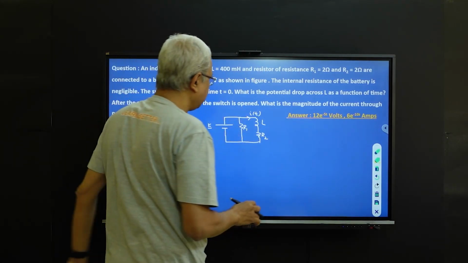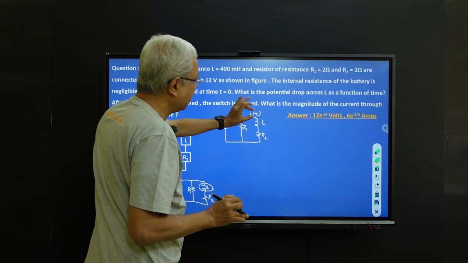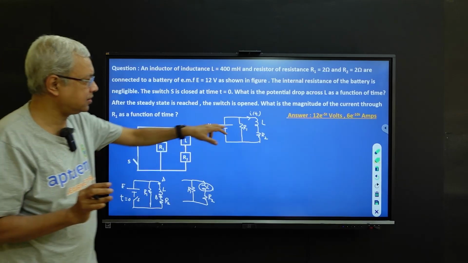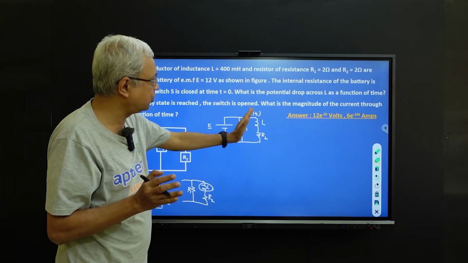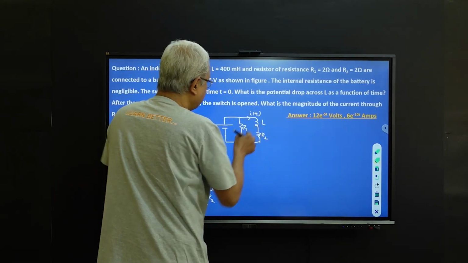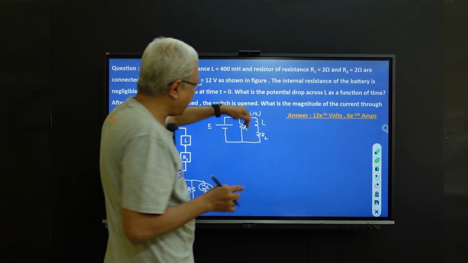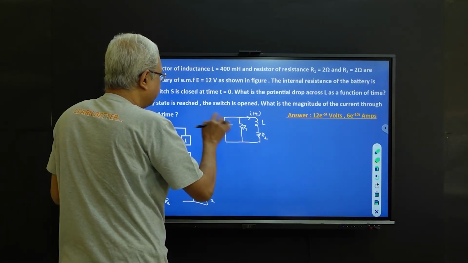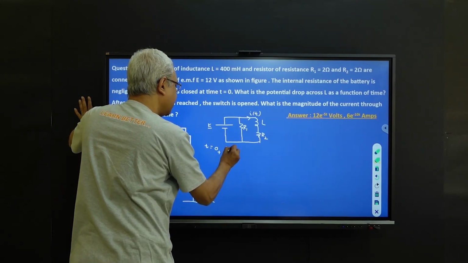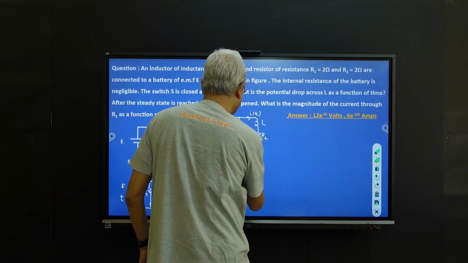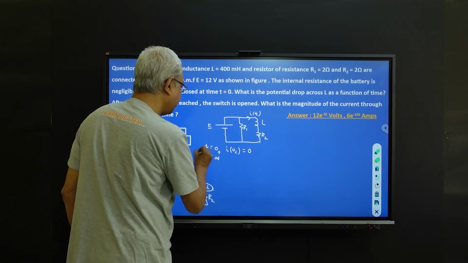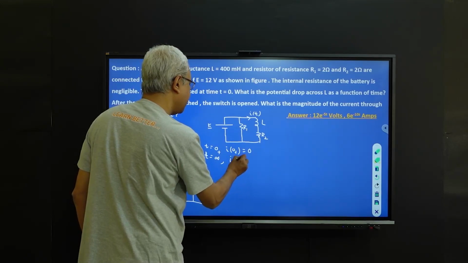Why it is a function of time, you have explained: initially after switch on, the inductor behaves like an open circuit and I(t) is 0, and when sufficient time passes, the inductor behaves like a pure short circuit, offers no resistance, and the circuit behaves like a resistive circuit, and in that case, R1, R2 being 2 ohm each, current becomes 6 ampere. So at t equal to 0 plus, I0 plus is 0, and at t equal to infinity, that means sufficiently large time, I(t) is 6 ampere.